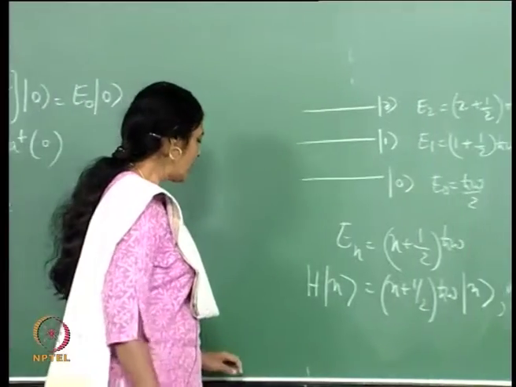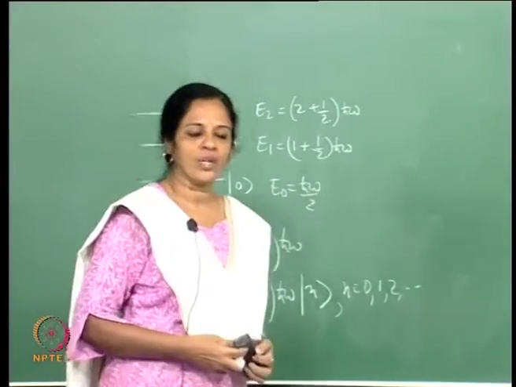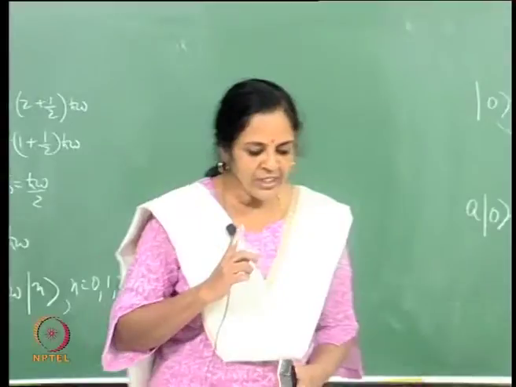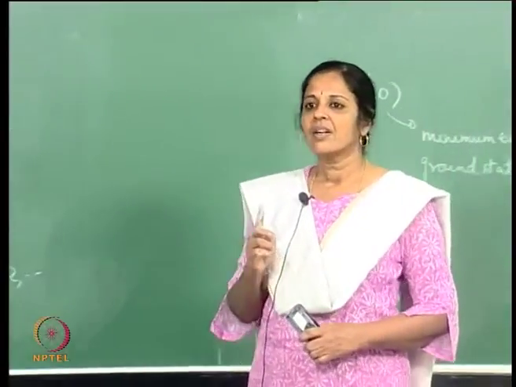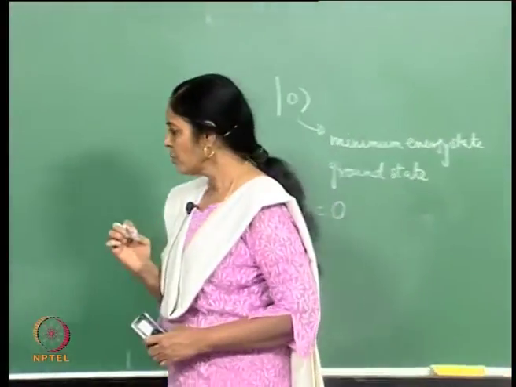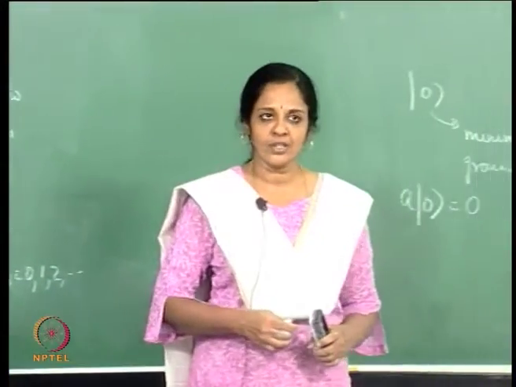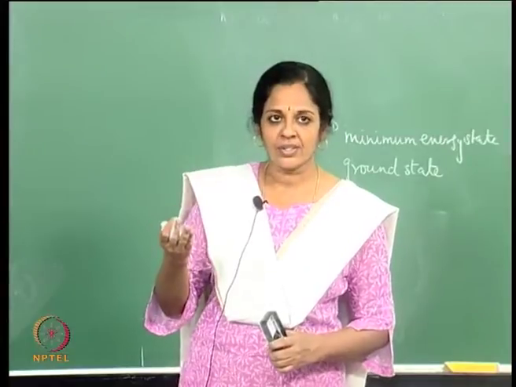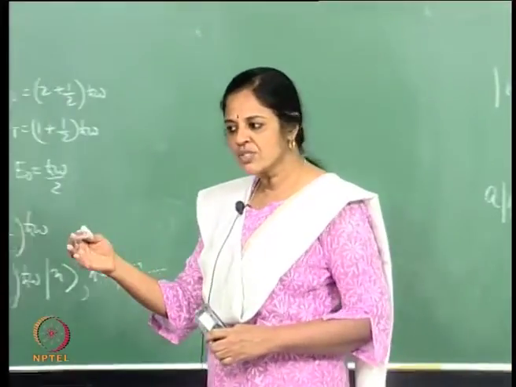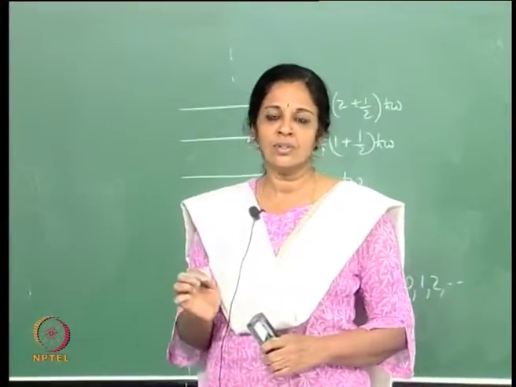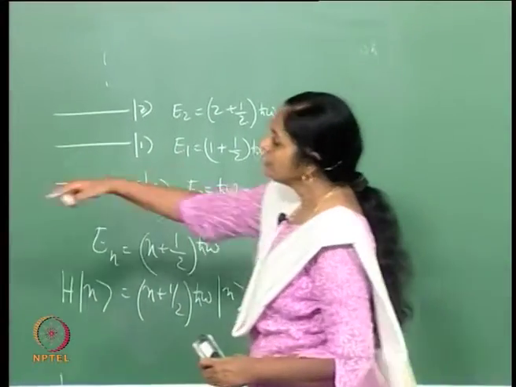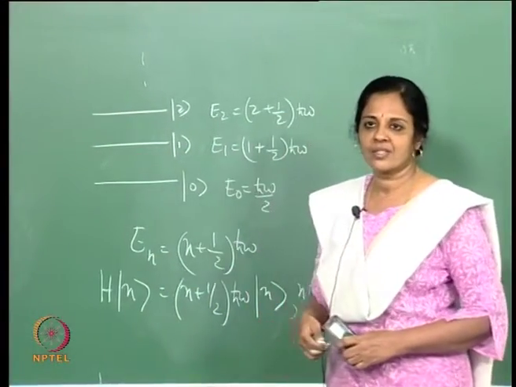So, this is the eigenvalue equation corresponding to the harmonic oscillator. Already we can see that in quantum mechanics a new feature has emerged. The lowest energy is not 0, the lowest energy is half h cross omega. Further, the energy is quantized. In contrast to the spin systems that we have seen till now, here is an infinite spectrum of states.